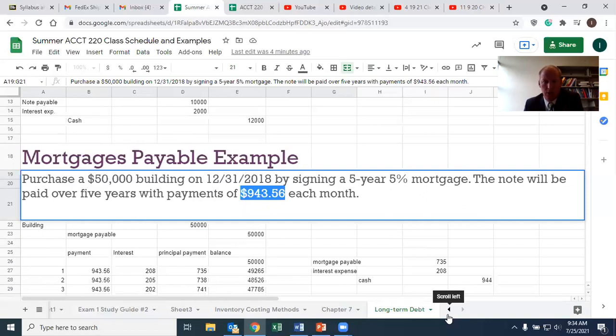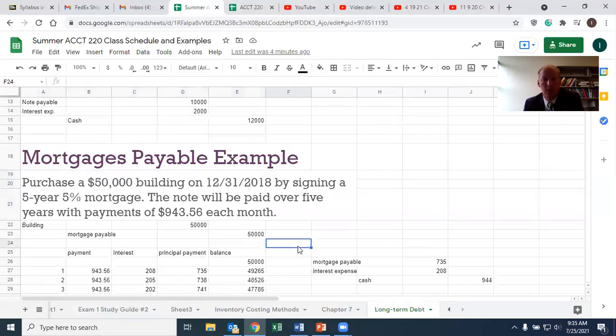And this is obviously a traditional mortgage, with a fixed interest rate. So that amount is going to stay the same, but over time, the amount that is allocated to principal and interest will change. Really, it'll change every payment.